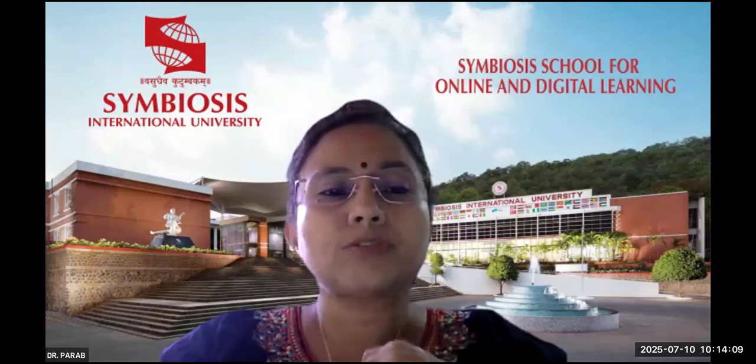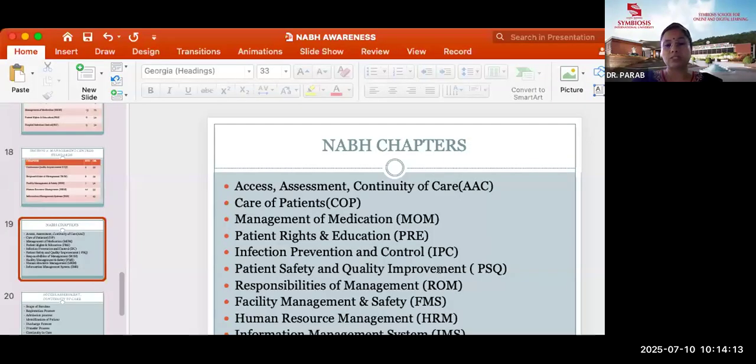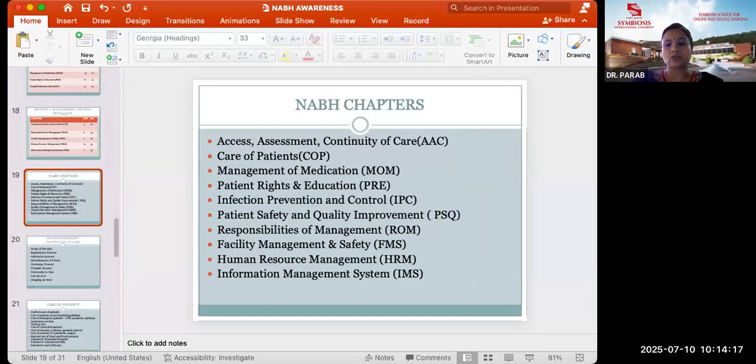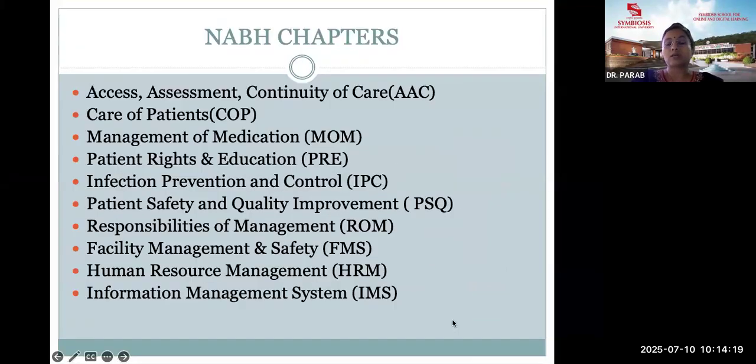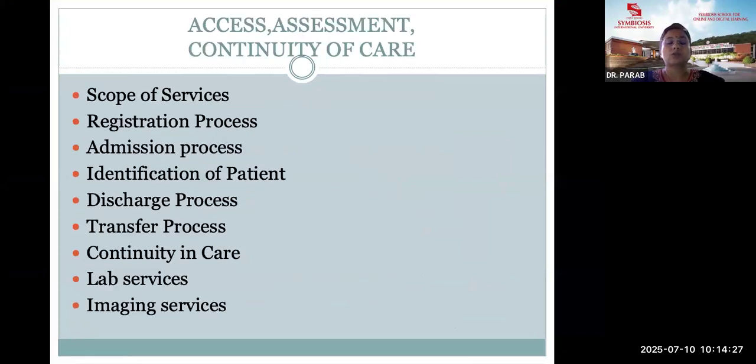Now I'll move on to the different chapters, the standards, and the objective elements. As I said, it's not going to be really possible for us to look at each of these 680 odd objective elements, but I'm going to give you the summary or the gist of what each of these chapters talks about.